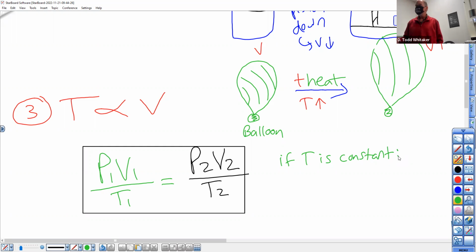T is constant. It's the same number. It's going to cancel out. Write everything you see on the page without any T in front. P1, V1. P2, V2. Comes straight from this one box.